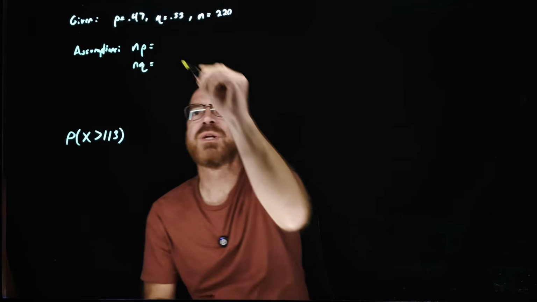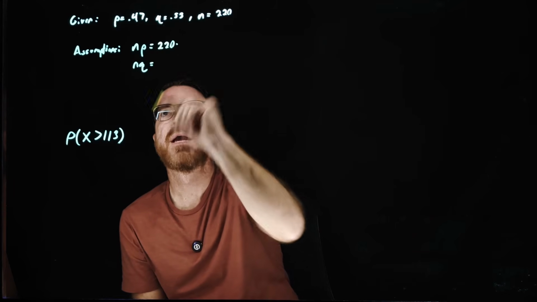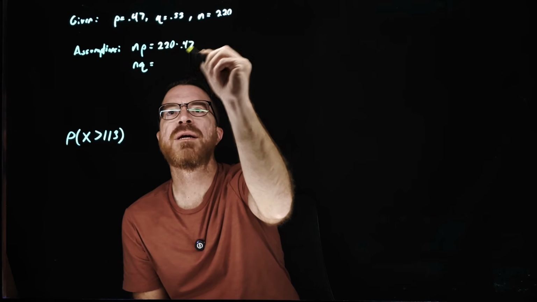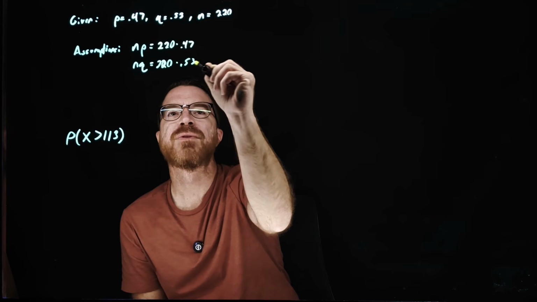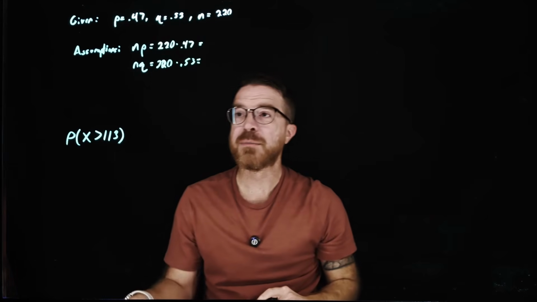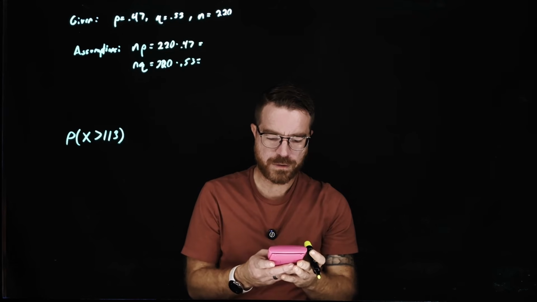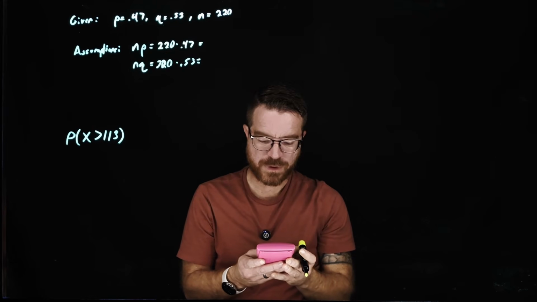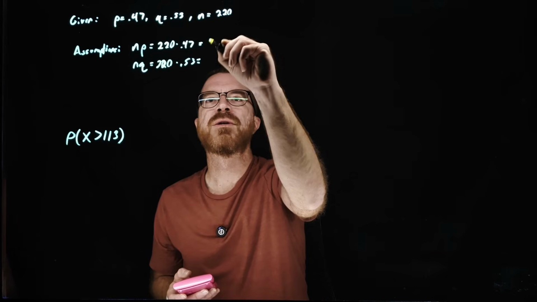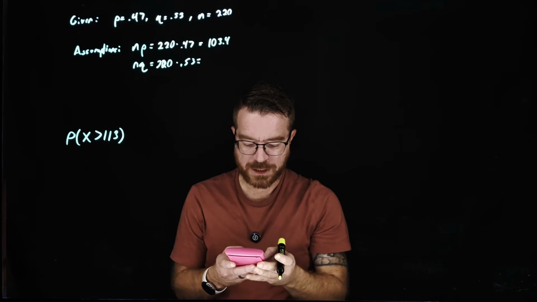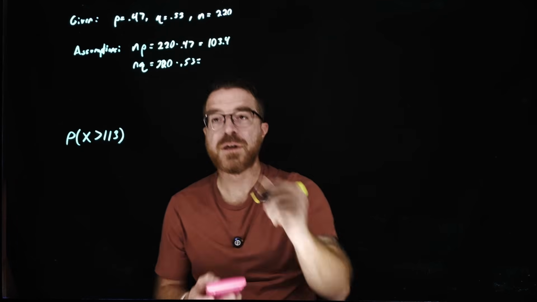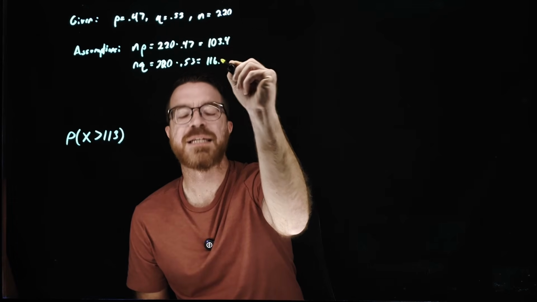So I have 220 people, and I multiply that by 0.47, and 220 people multiplied by 0.53. 220 times 0.47 is 103.4, and then 220 times 0.53 is going to equal 116.6.